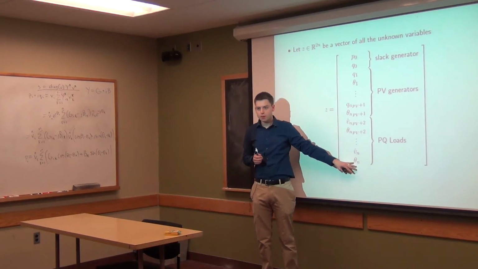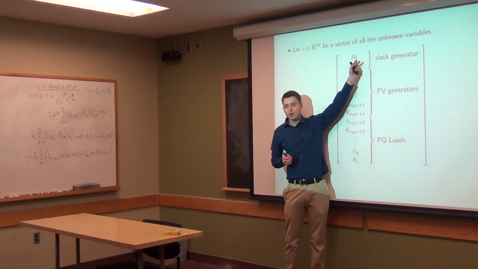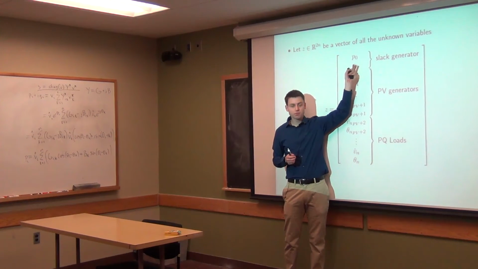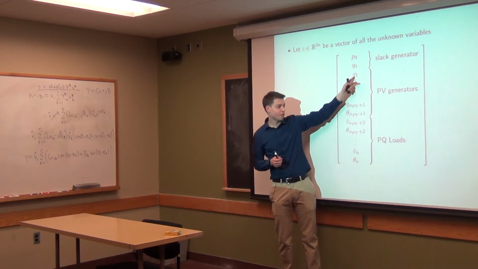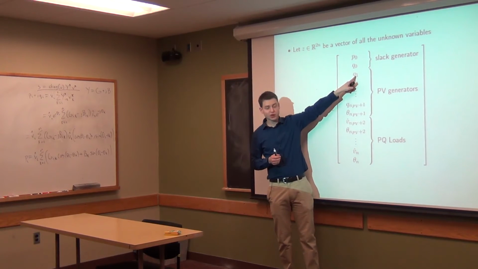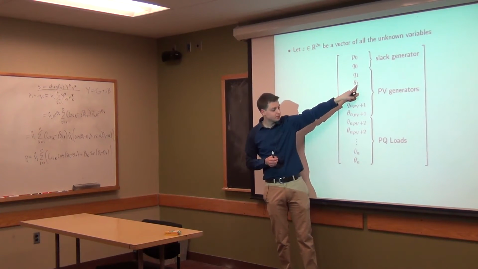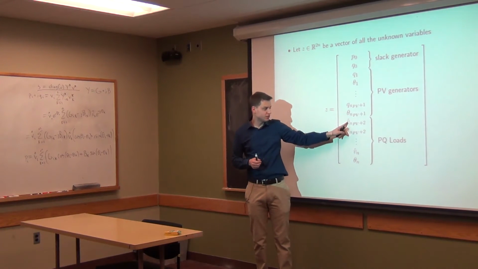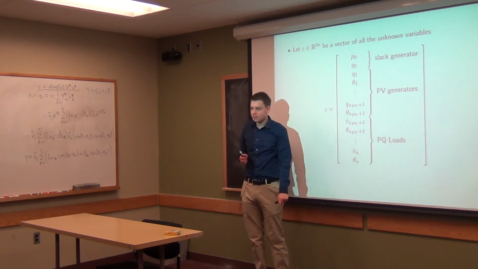Okay, so for the slack generator, we know the voltage magnitude and the voltage angle. So what we don't know are the real and reactive power. For the PV generators, however many of them are, what we know is the voltage magnitude and we know the real power. So what we don't know, again, is the reactive power and the voltage angle. And then finally, for PQ loads, what we don't know is the voltage and the phase angle.